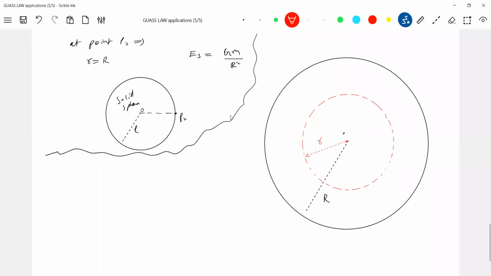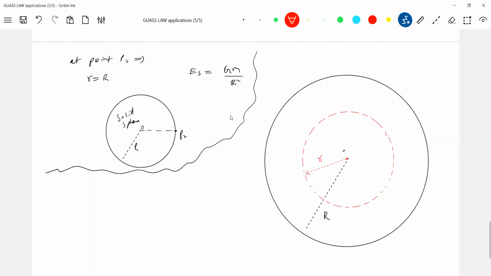So what is the next point? At point P3. P3 is here, we have to find the field here. So what is the third point? At point P3, where small r is less than capital R, inside the solid sphere.